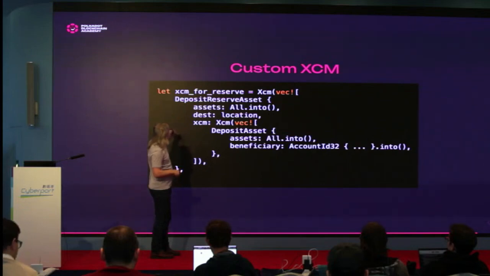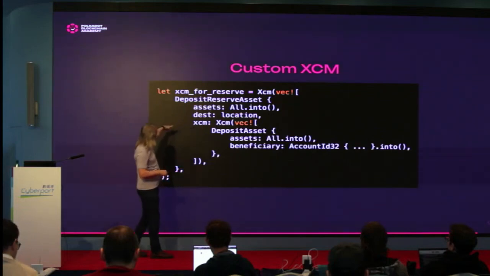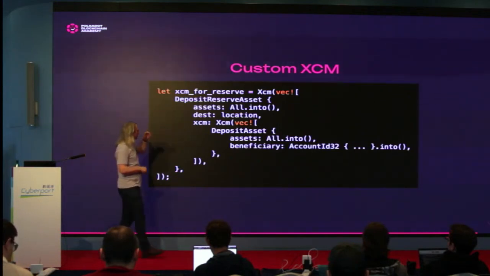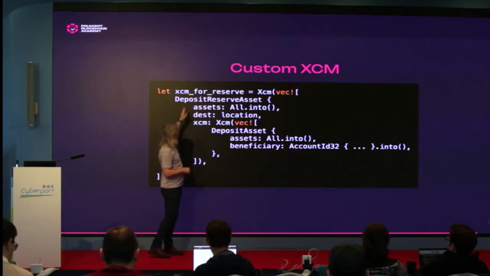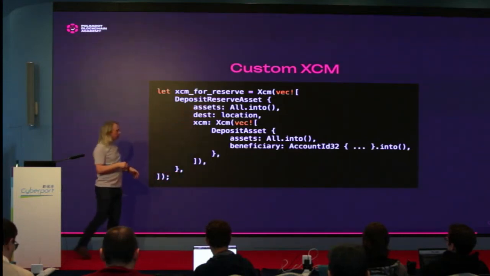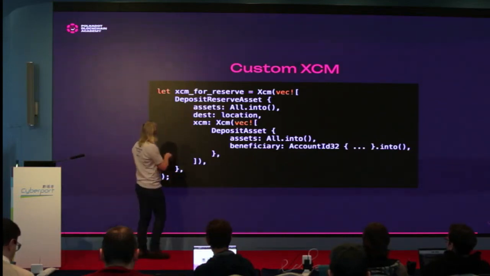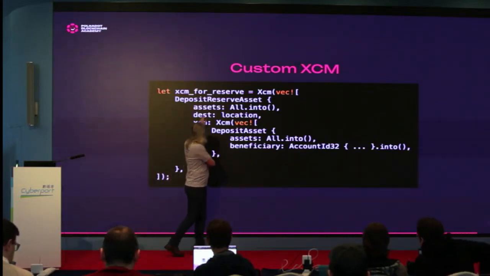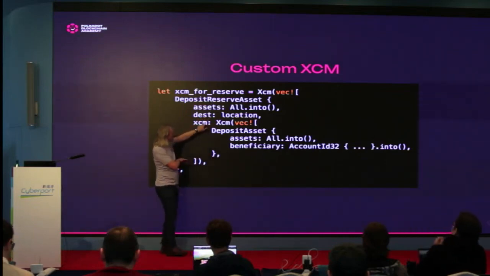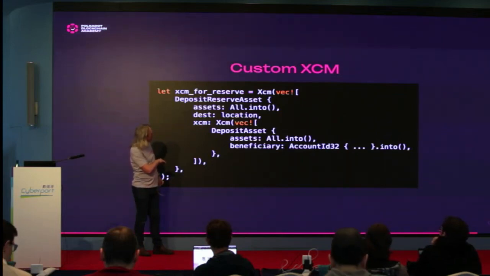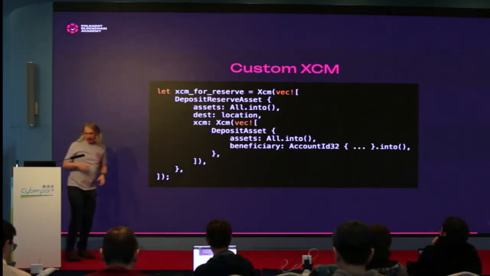What are we doing here? This is the case where we're depositing an asset on a reserve chain, and in doing so, we want to send to some destination a notification message.